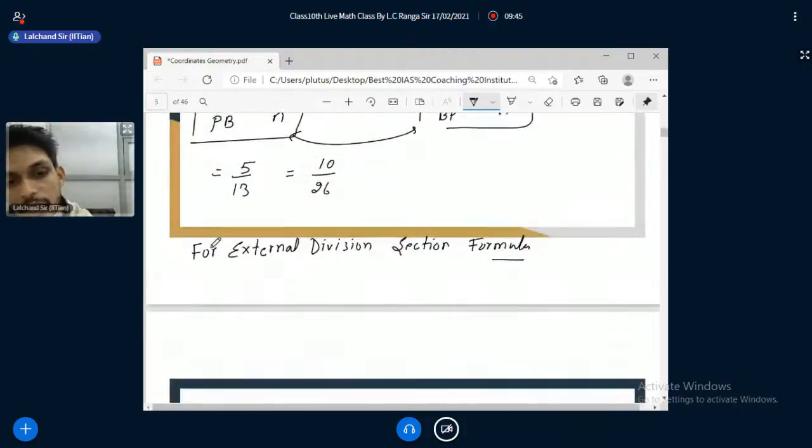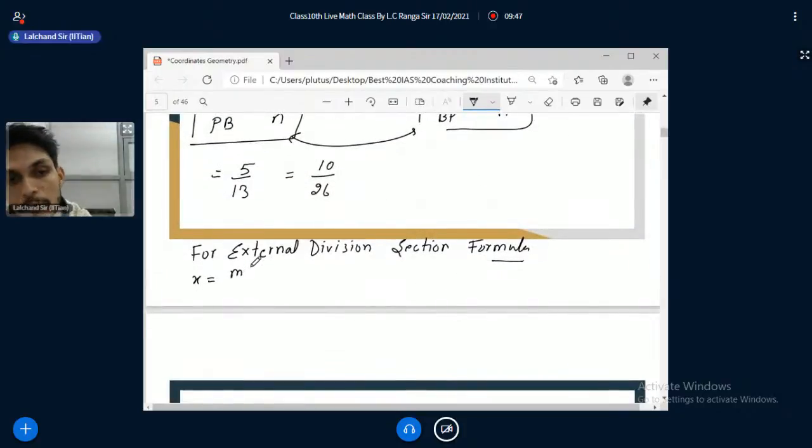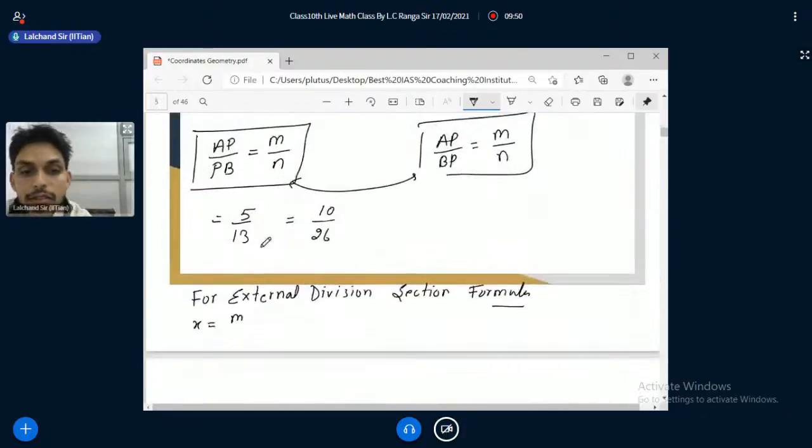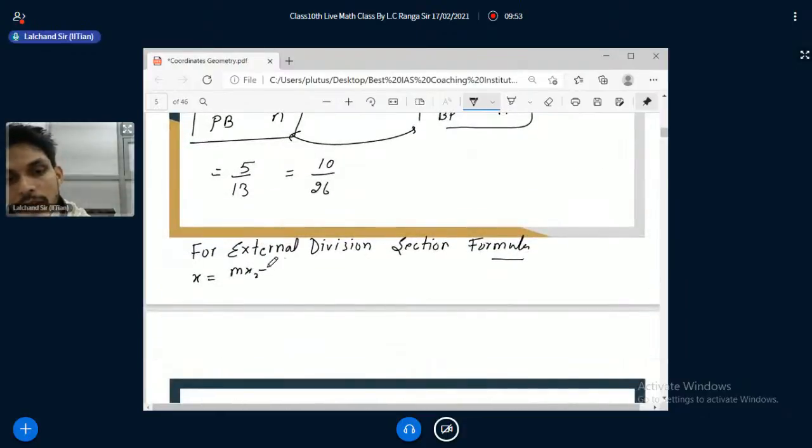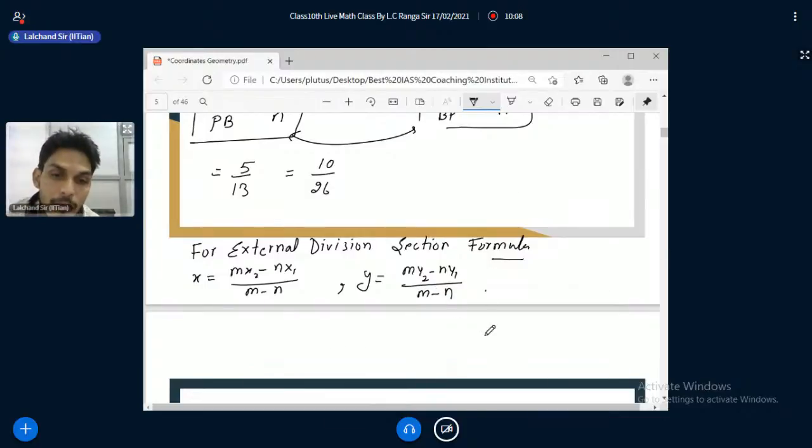Our x coordinate will be m x2 minus n x1, divided by m minus n, and the y coordinate will be m y2 minus n y1, divided by m minus n. Okay, this is our external division formula. Now this is clear to you: what is the change between external and internal division, and how to write the formula for the respective case?